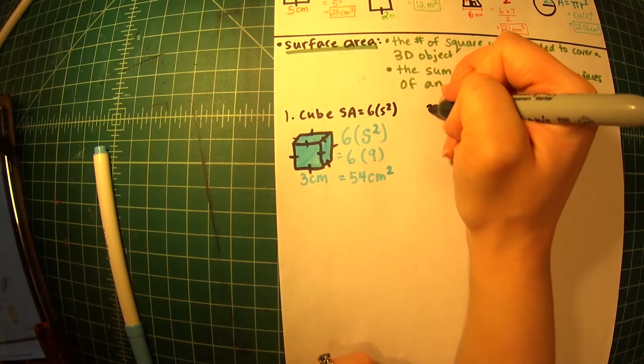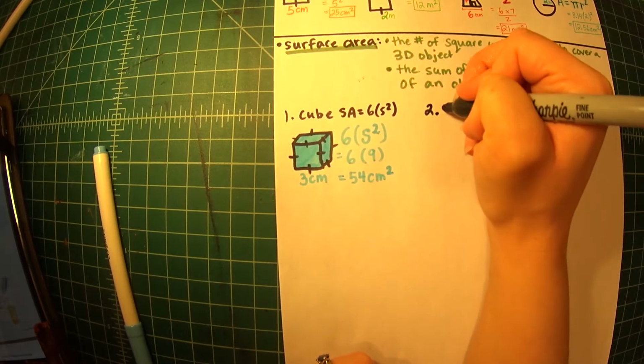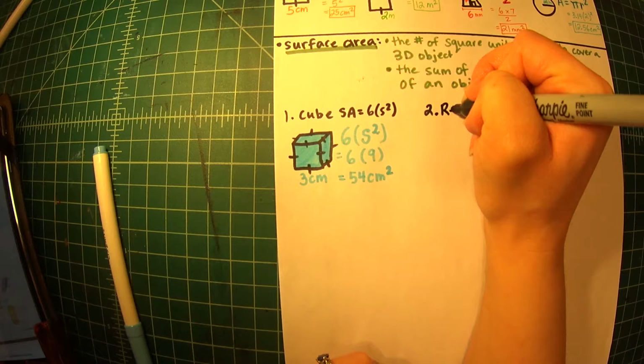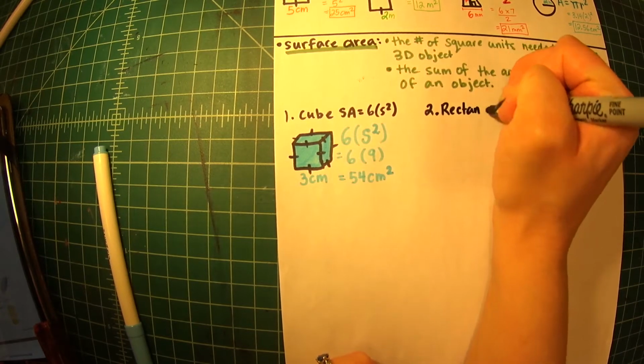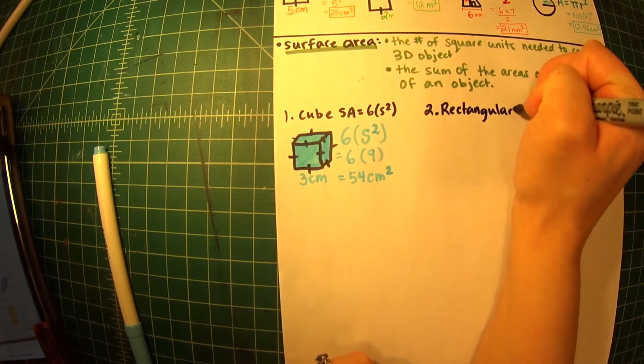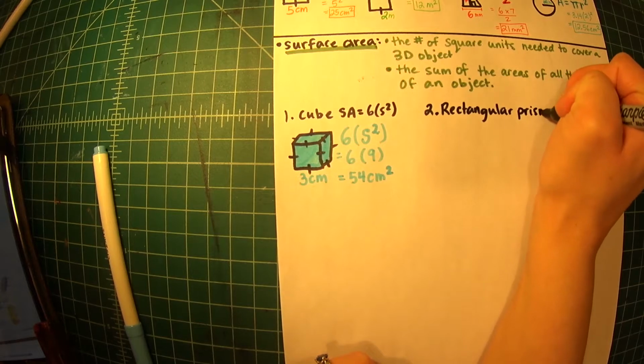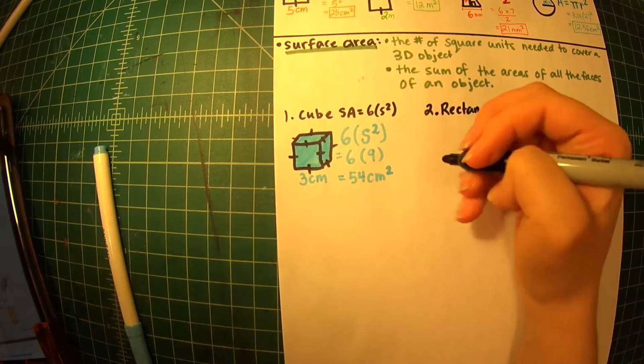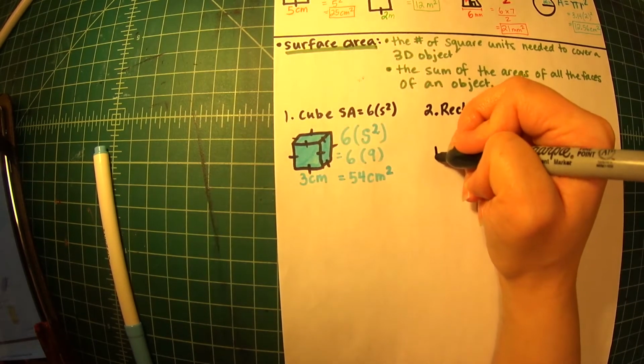Okay, next, let's look at a rectangular prism. So again, I'm going to just sketch this out.